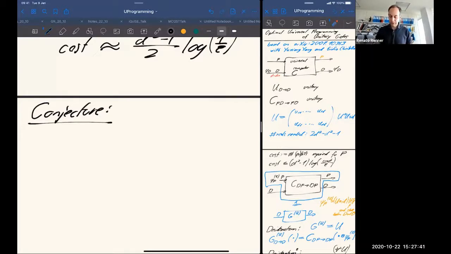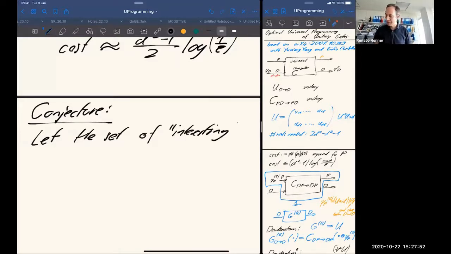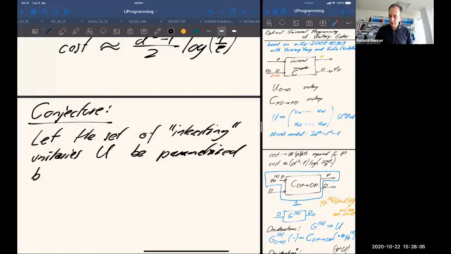So suppose that the set of, let's call it interesting, not just random, unitaries U can also be parameterized by some real parameters, and let's suppose there are many real parameters.